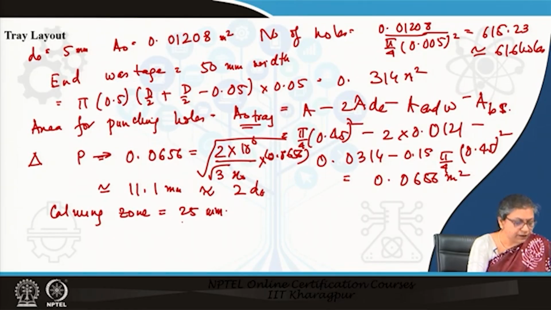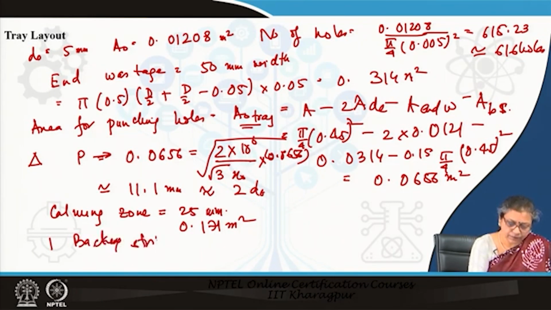It will be around 0.0171 meter square. This will be the total calming zone in one particular tray. You can consider one particular backing strip, which is 15 millimeters wide. I have shown you and accordingly we have done it.